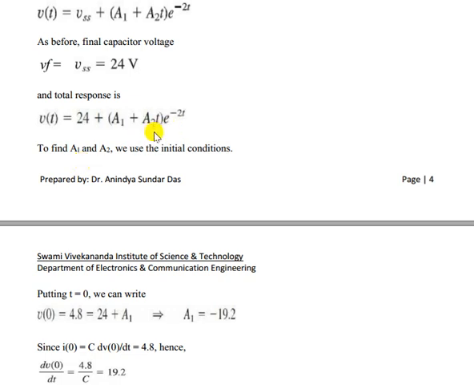In this equation, if we put t equal to 0, V0 is 4.8, and this is 24, okay, and this part becomes only a1 because this term is 0, okay. So we got the a1 value.